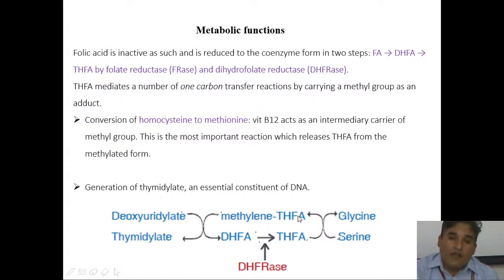Tetrahydrofolic acid adds one methyl group from the serine and produces methyl tetrahydrofolic acid, which is able to transfer one methyl group and produce thymidylate, the basic constituent for the synthesis of DNA. During deficiency of folic acid, the production of thymidylate and other de novo protein synthesis is significantly hampered.